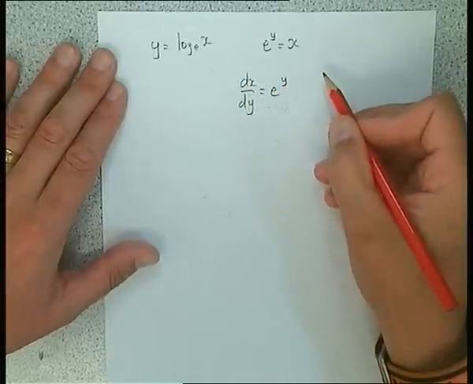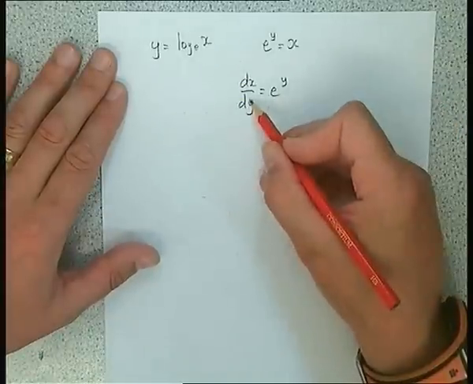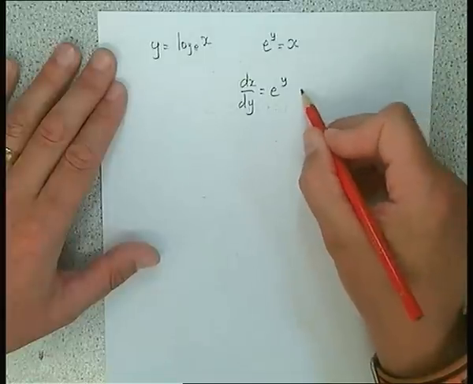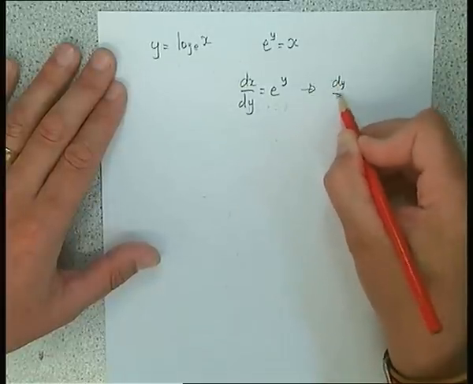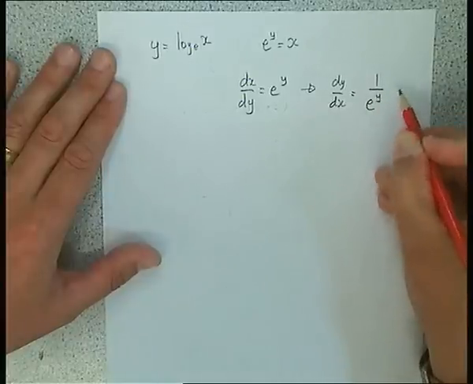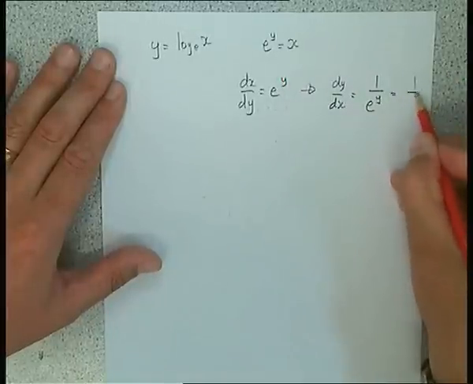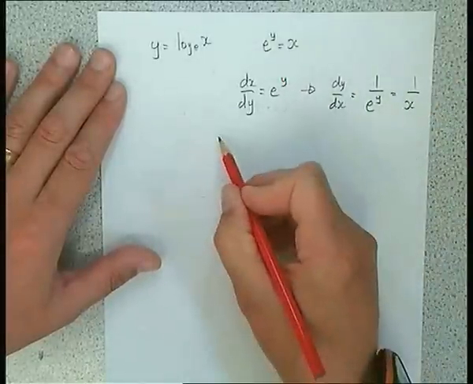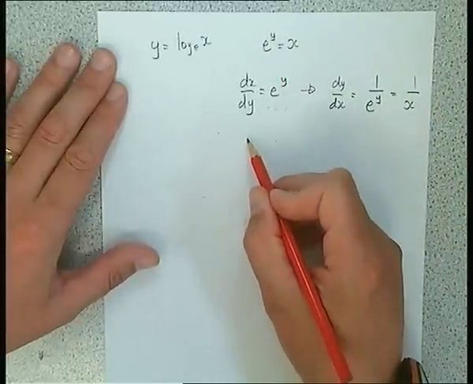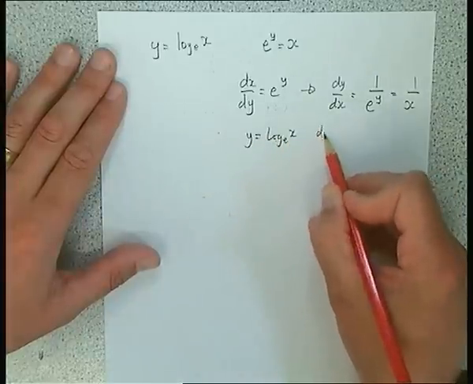And if I reciprocate this, it implies that dy by dx equals 1 over e to the y. Now e to the y is x, and so that's 1 over x. Therefore, if y equals log e of x, dy by dx equals 1 over x.